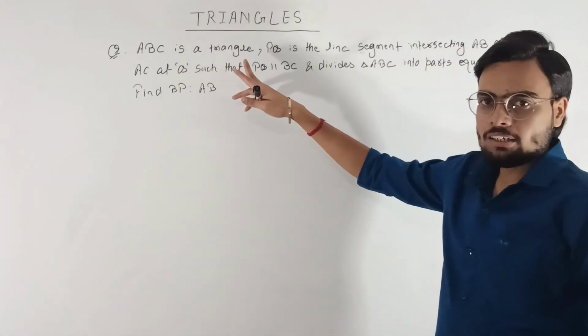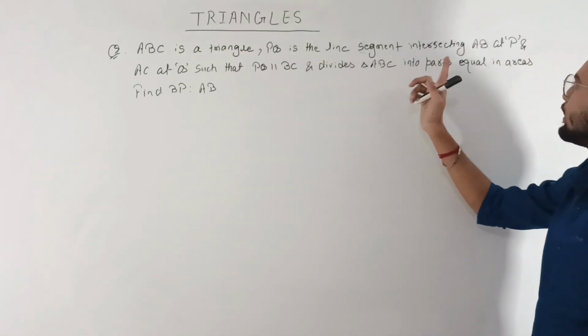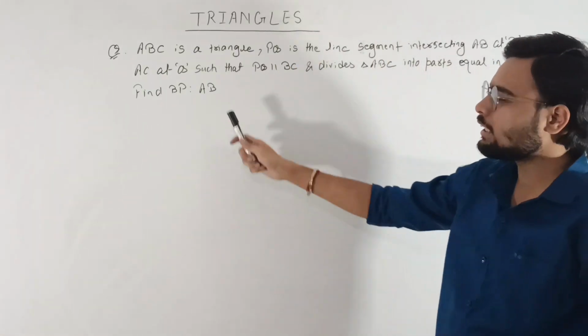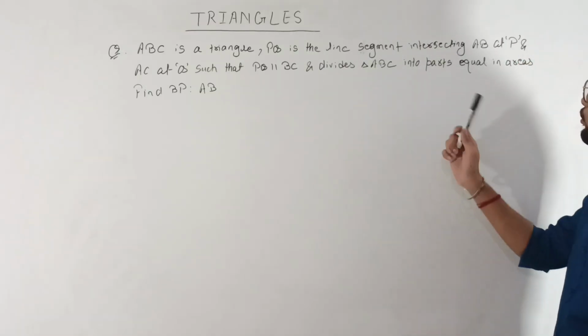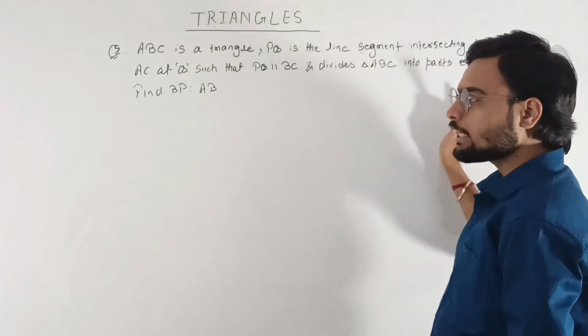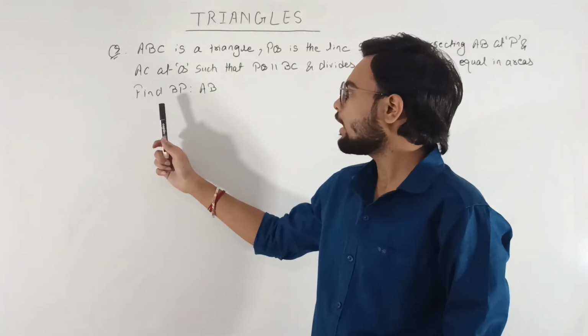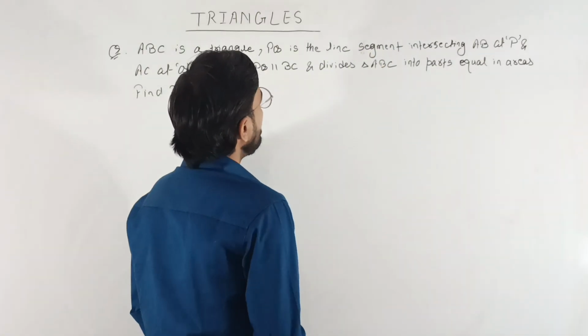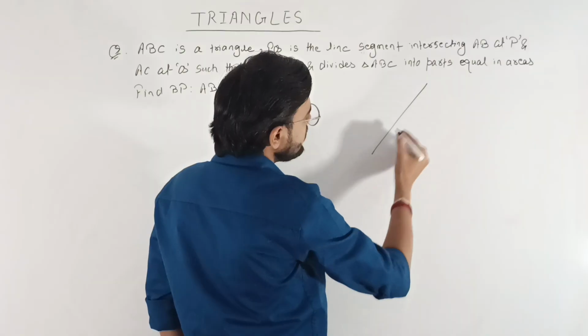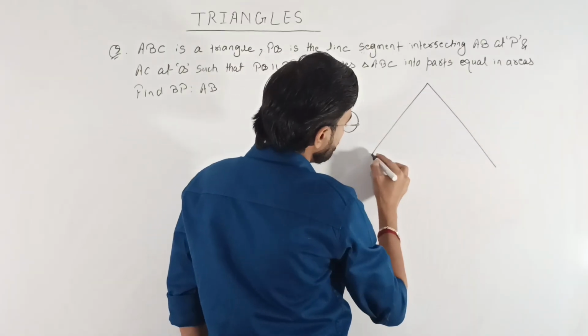The question is: ABC is a triangle and PQ is a line segment intersecting AB at P and AC at Q such that PQ is parallel to BC and divides triangle ABC into two parts which are equal in area. Then we have to find BP is to AB. Now look, the question said that there is a triangle ABC. So first I draw triangle ABC.